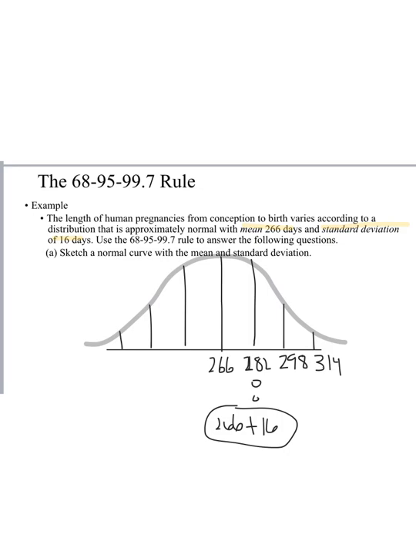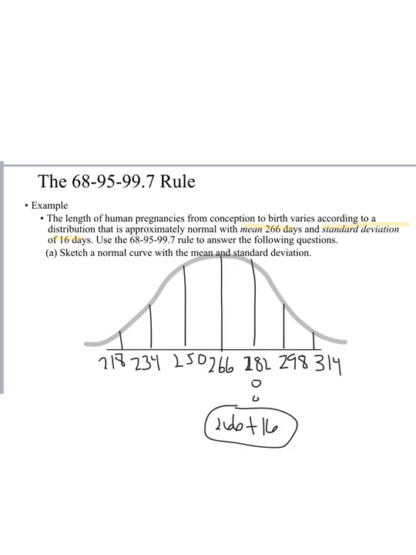To get underneath the mean, we're going to subtract from the mean. So 266 minus 16 is 250. 250 minus 16 is 234. 234 minus 16 is 218.